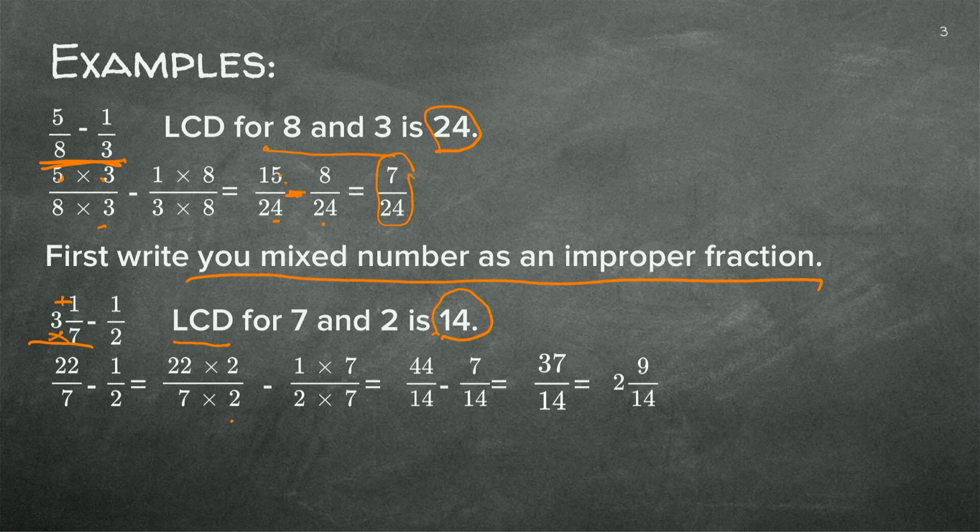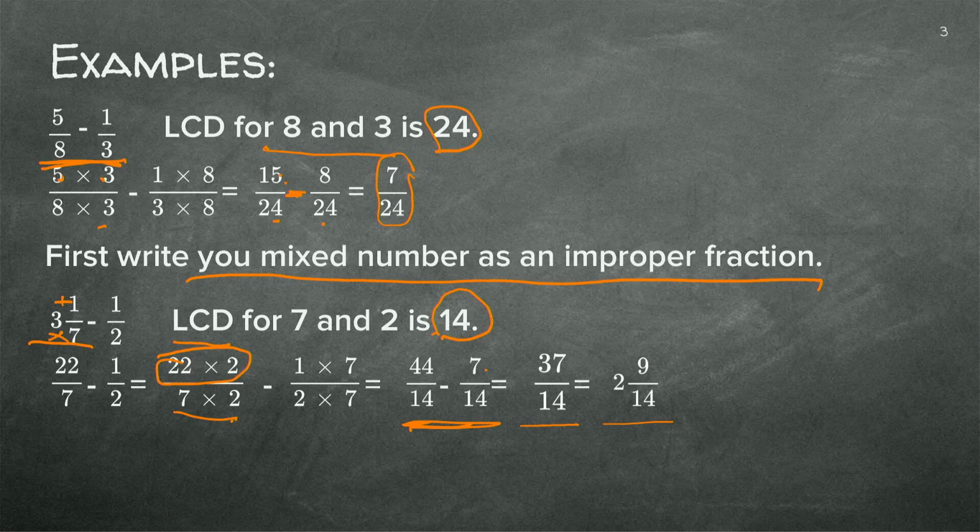So that will give us 22 times 2 is 44, 2 times 7 is 14. A half, 7 times 1 is 7 over 14. That's easy. 44 over 14 minus 7 over 14 is going to give us 37 over 14. But we started with a mixed number, so we're going to go back to a mixed number. So 37 over 14 will give us 2 and 9 over 14.